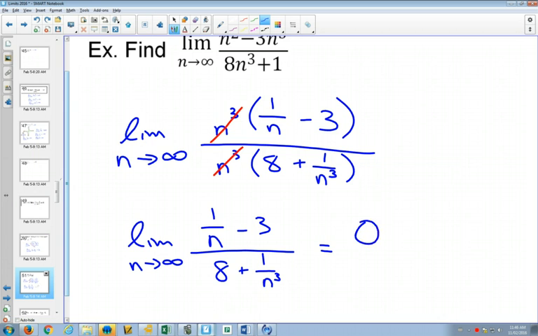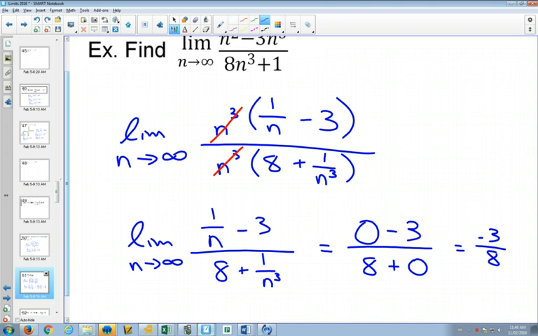And this is going to equal 0 minus 3 over 8 plus 0, or negative 3/8. So this would be the math that you would show to see why it works.